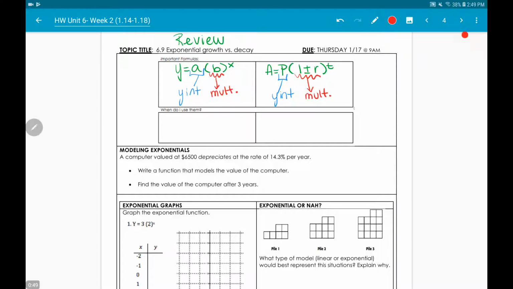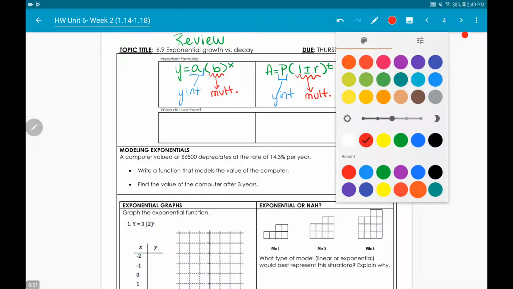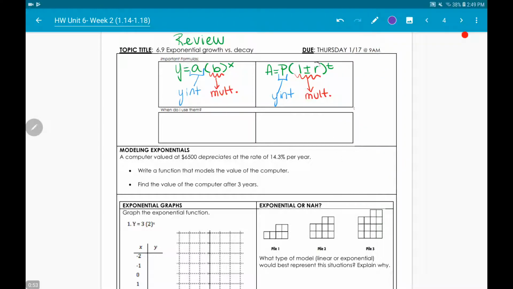The one on the right, though, gets their multiplier slightly different by using a rate. And that is given to you as a percentage, but remember we need to convert it to a decimal.